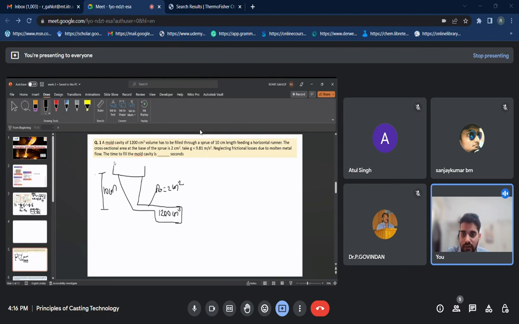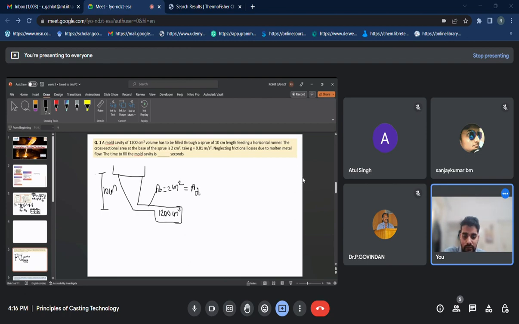And this length is 10 centimeter. So we need to calculate the time to fill this mold cavity.